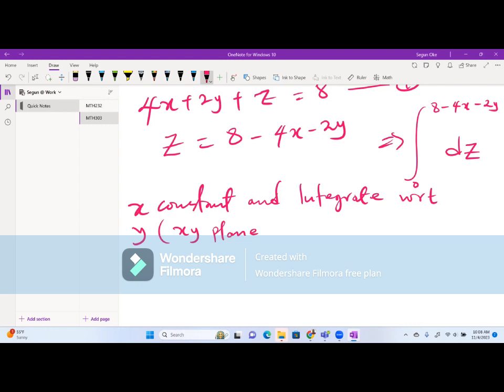We're talking about the xy plane now, in the sense that z equals 0, y equals 0, 2. So remember we said z equals 0. From equation 1, you have 4x plus 2y equals 8.